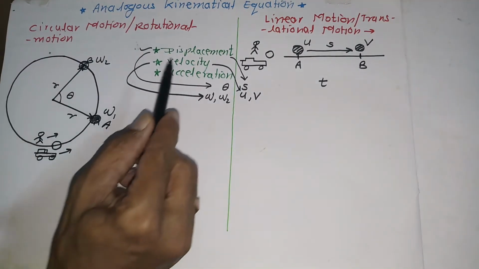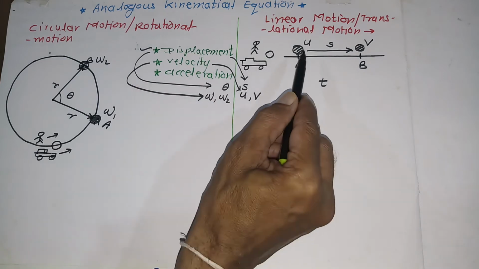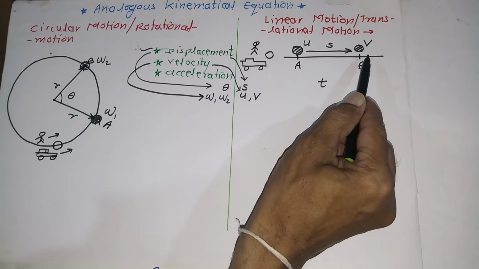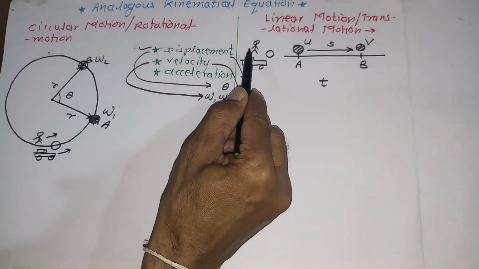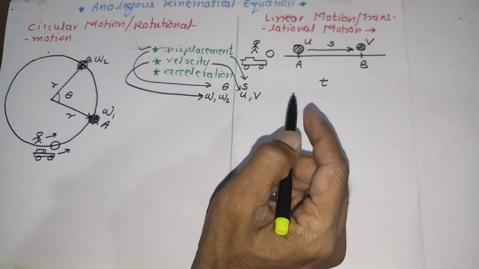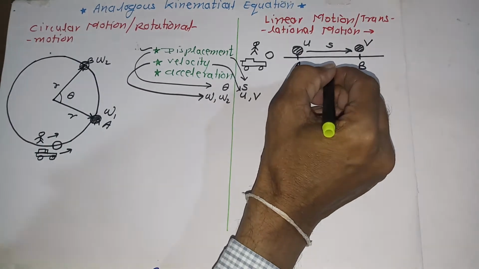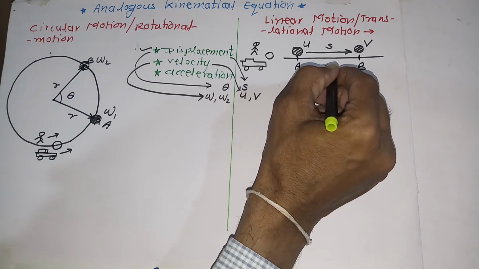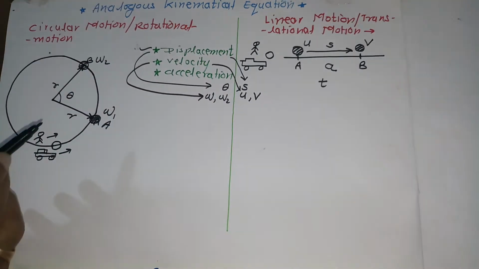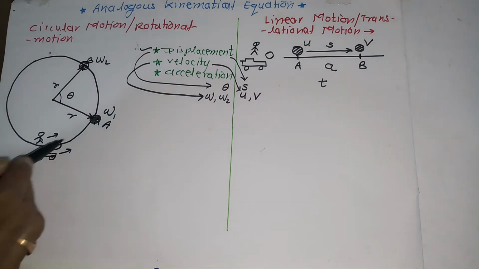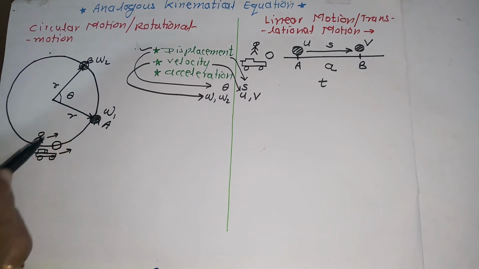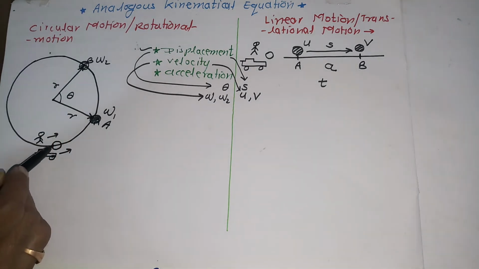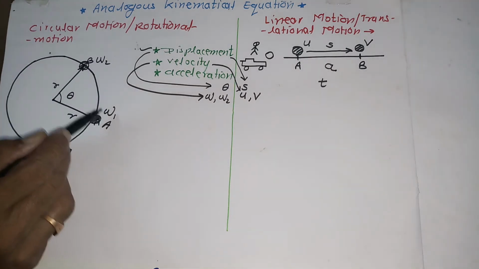Okay, let's talk about acceleration. As the velocity is increasing from u to v, the body gets accelerated, the speed of the car, the man, or the ball increases, and we can say it possesses certain acceleration, which is called linear acceleration a. At the same time, the angular speed of the man, car, or ball moving along the circular track increases from omega 1 to omega 2.